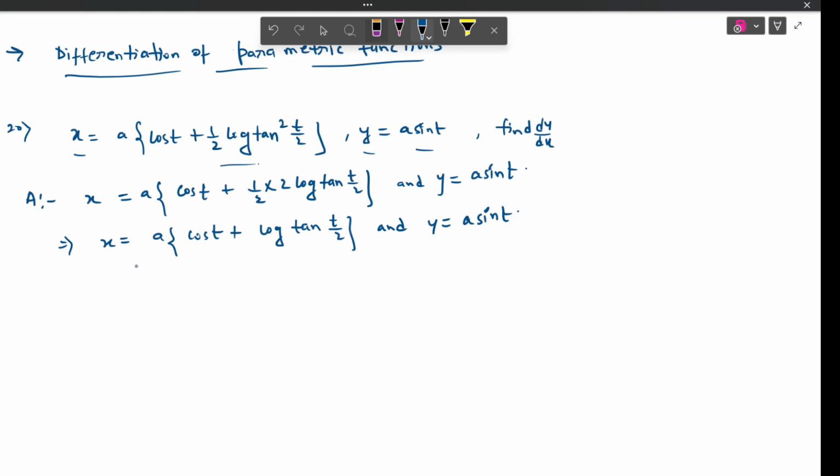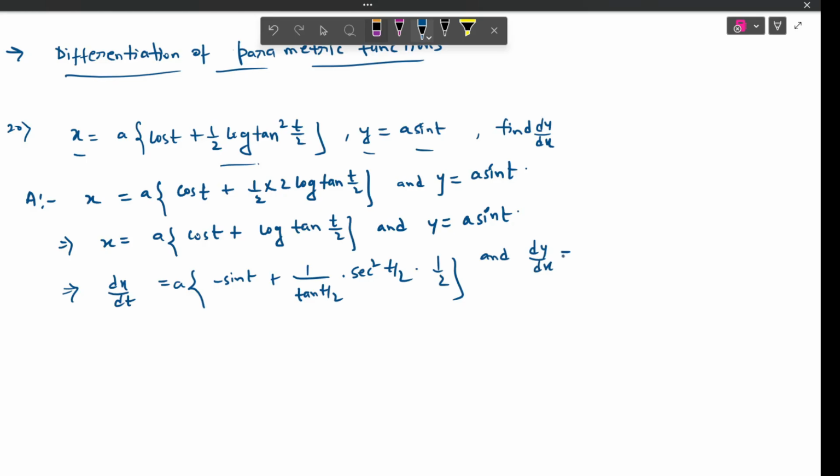Now if we differentiate both the sides with respect to t first, so dx by dt, it would be a, differentiation of cos t is minus sine t, differentiation of log x is 1 by x, differentiation of tan x is sec square x, differentiation of t by 2 is half, and dy by dt, this is a sine t, is cos t.